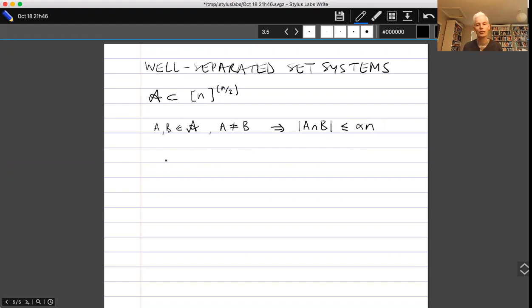And I'm going to start with the case where alpha is just a little bit bigger than a quarter. So the condition will be, so how big can A be? So if alpha is greater than a quarter, let's write alpha equals a quarter plus epsilon.